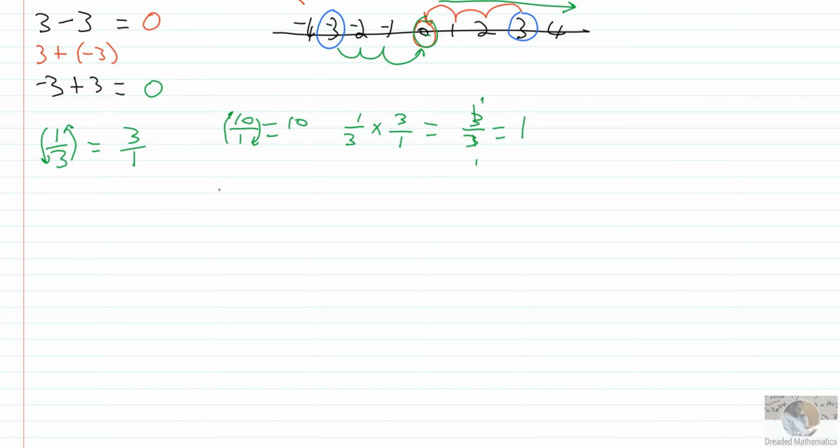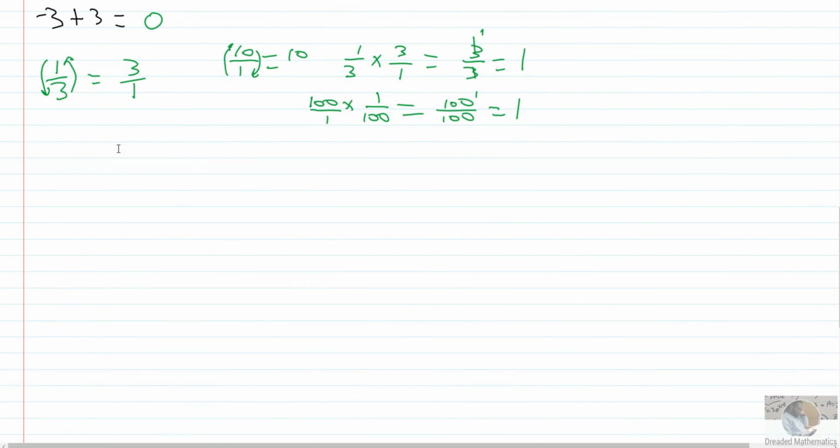You can do this over and over again. Let's say you had 100 multiplied by 1 over 100. It's the same thing, there's an implicit 1 there. 100 times 1 is 100, 1 times 100 is also 100. Anything divided by itself is just 1. And this is very interesting: when you multiply a number by its reciprocal, you get 1.